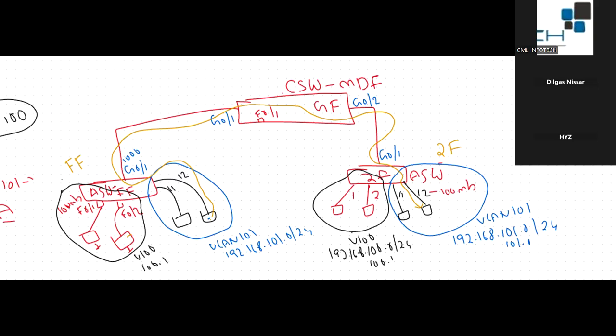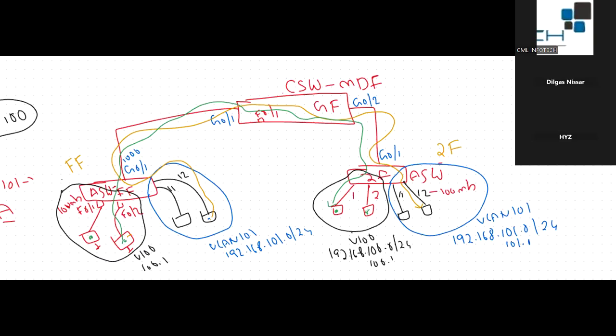So basically, these computers will go out through this cable, going to this cable and coming down to this computer. They can communicate with each other, or even this computer to this computer can communicate with each other. Why? Because they are in the same VLAN 100, even though they are on different switches. Hope you understand. This has been discussed already.